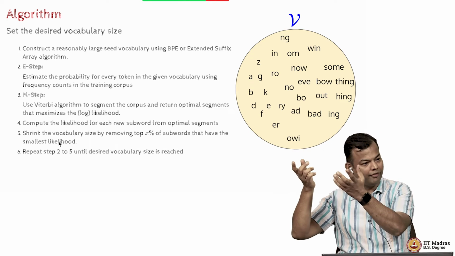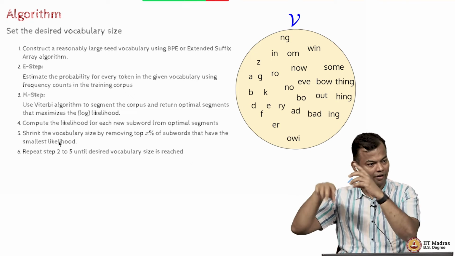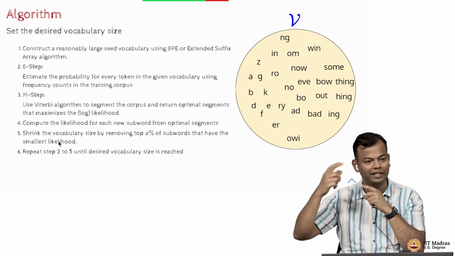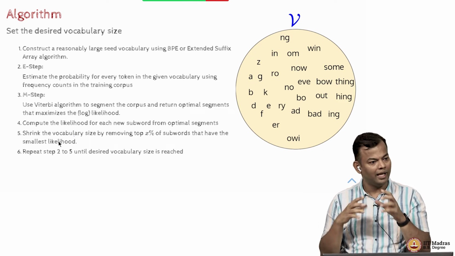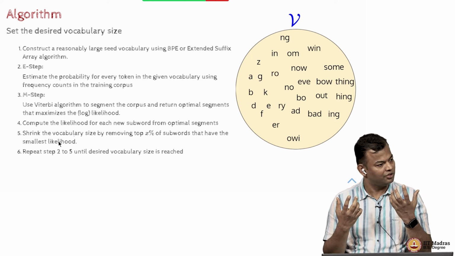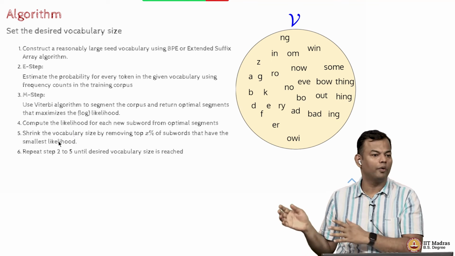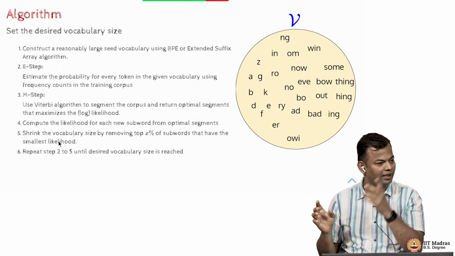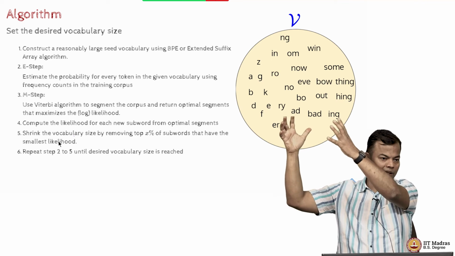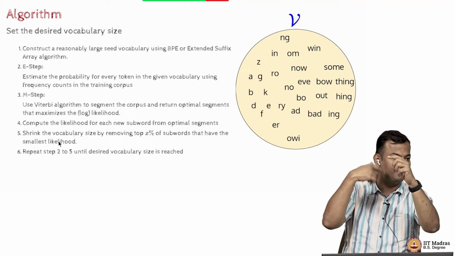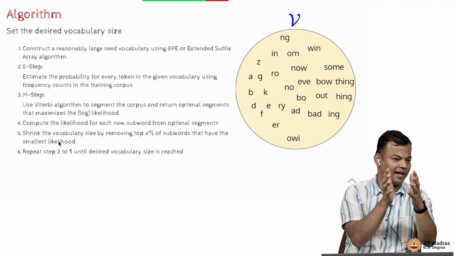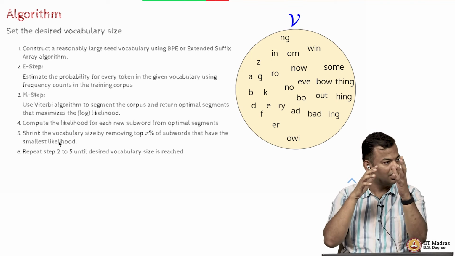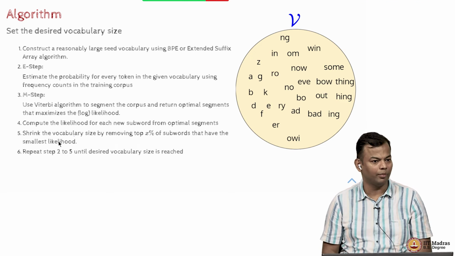That's why your probability for all the tokens will change again. So after the optimal segmentation, you recompute the probability of all the tokens, and now the probability of some tokens has changed. So now you'll throw away the tokens which have the least probability, and you had started from a large set, and you keep repeating this till you come to the desired size that you wanted, because in every iteration you are throwing away some number of tokens.